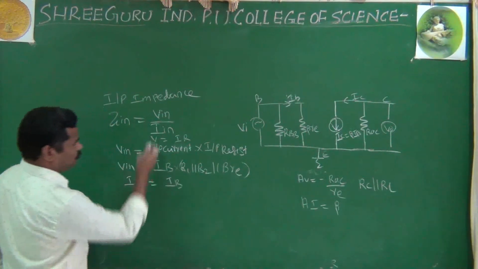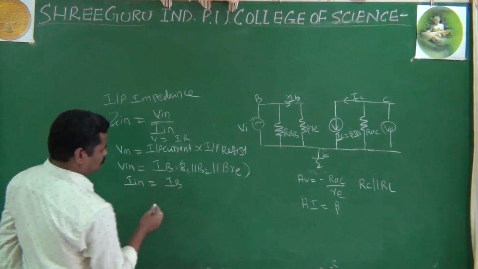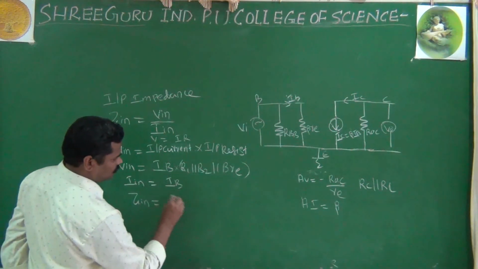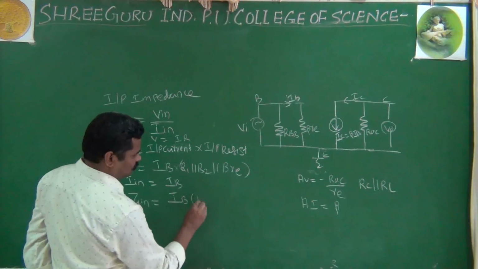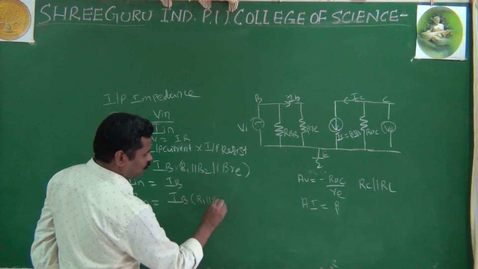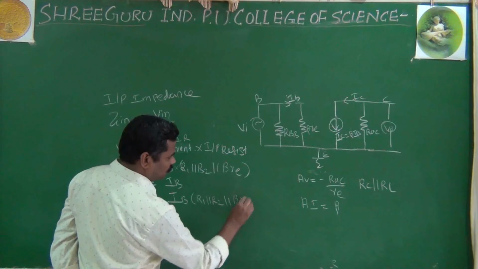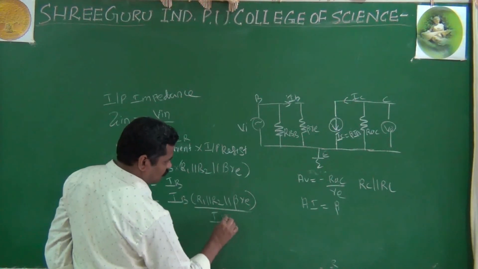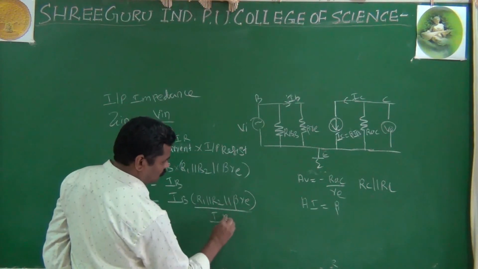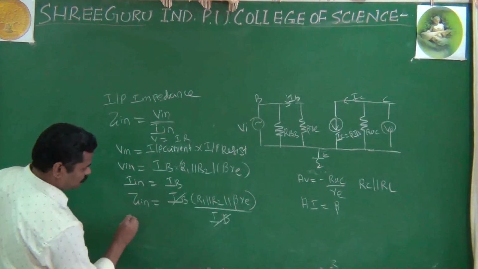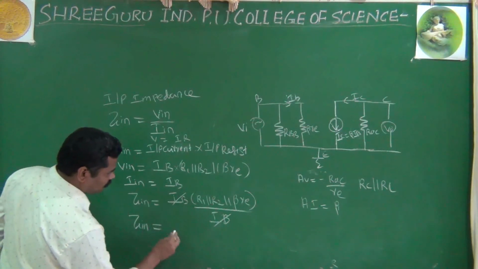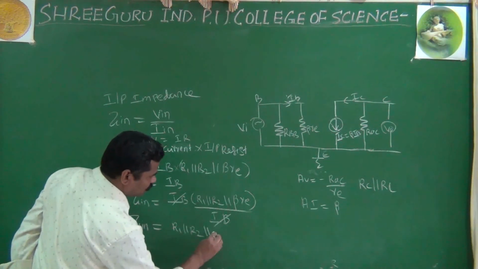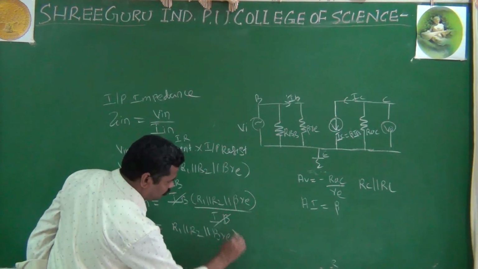You substitute these two values in the above equation, and you will get Zin equal to IB into R1 parallel to R2 parallel to beta RE, divided by IB. This IB will cancel, and we get Zin equal to R1 parallel to R2 parallel to beta RE.